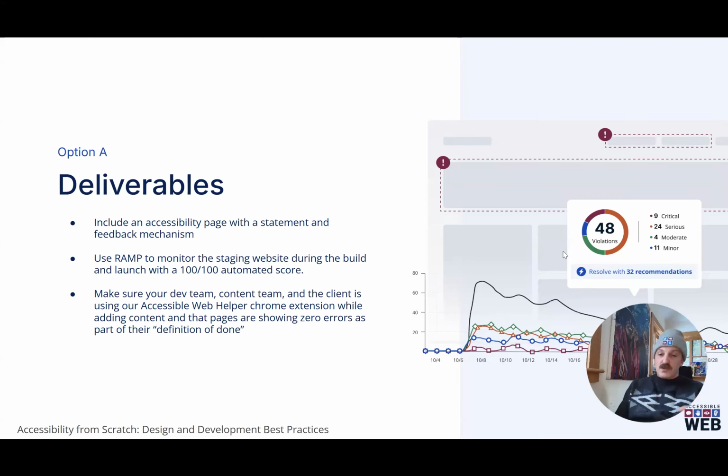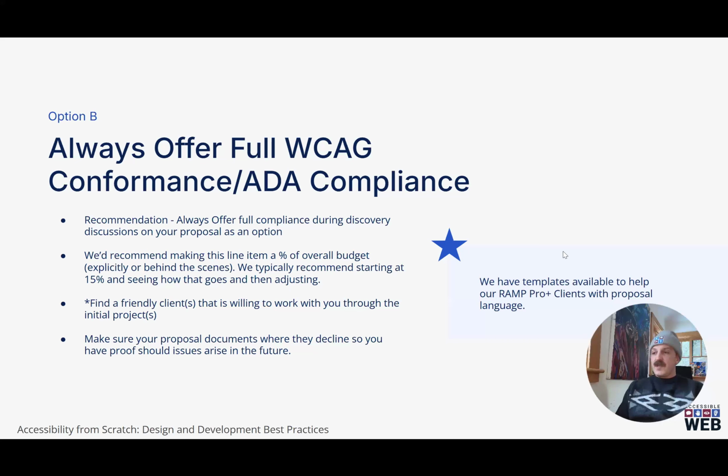And if you use our tools throughout the build process, it doesn't add too much overhead. It's going to be a very incremental increase in the costs on your end, and now you've covered yourself.